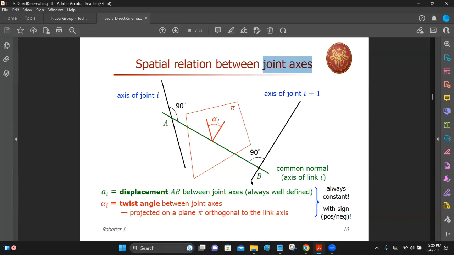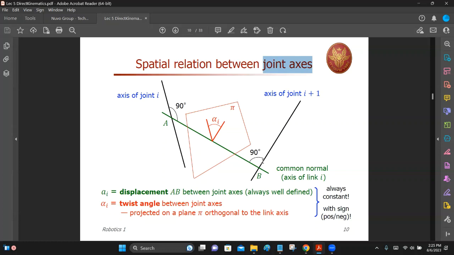After that, you have link I plus 1. So it goes like that. Now, these two axes are consecutive joint axes. One is along this direction, the other along that direction. What is in between is the link.